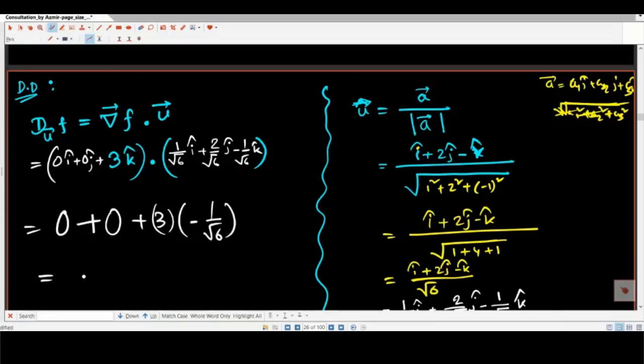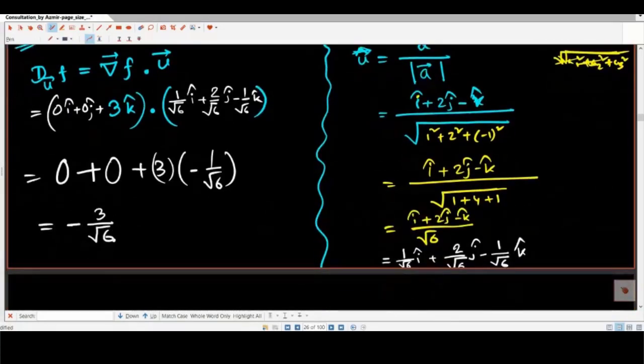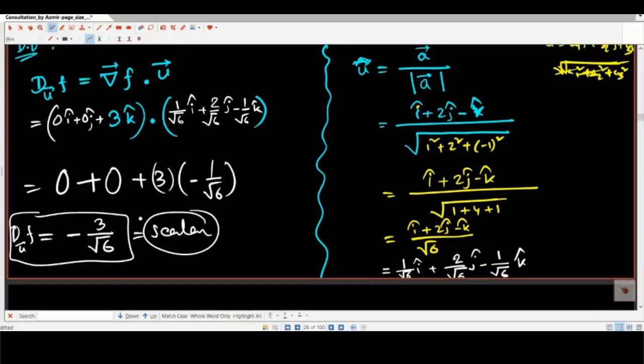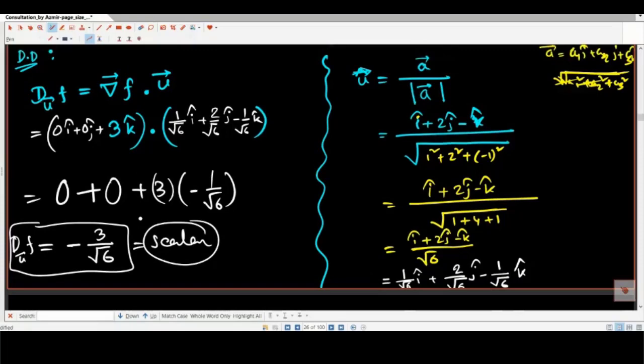So we are getting minus 3 over square root of 6. So this is the directional derivative D_u f. We can see that finally we have found a scalar quantity. That means we can understand that the directional derivative is associated with the gradient.